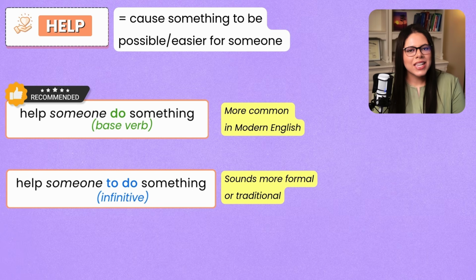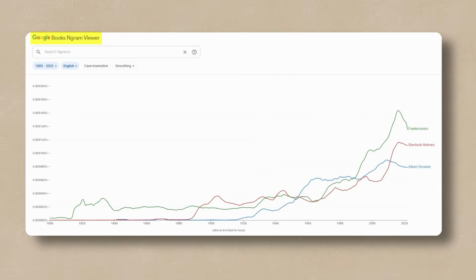In fact, we can test this with data. This is the Google Books Ngram Viewer, and this shows the frequency of words and phrases in writing from thousands of books that were published from the year 1500 all the way to 2022.